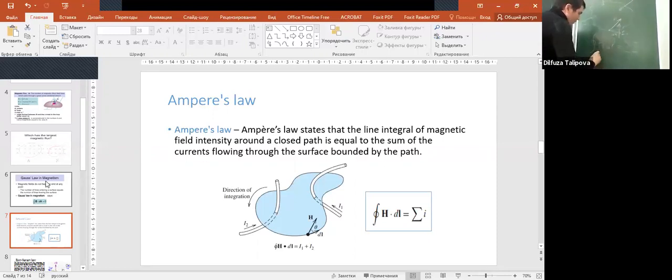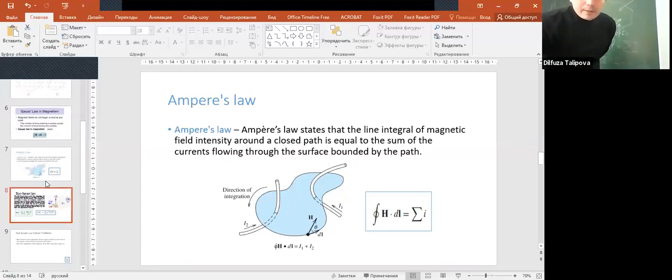So the sum of the currents is here what? I1 plus I2 plus I3 plus I4. Don't worry, we will see an example of these ones, okay?